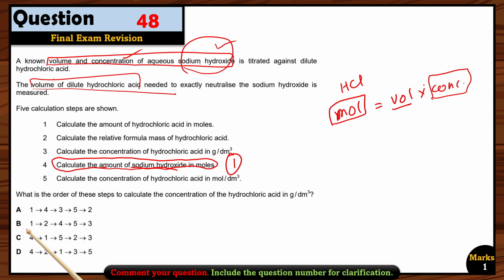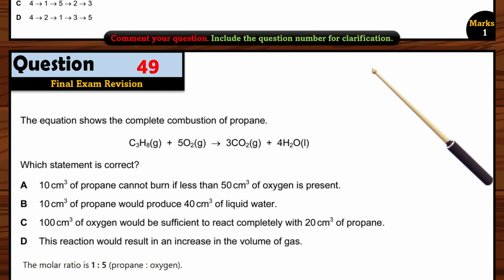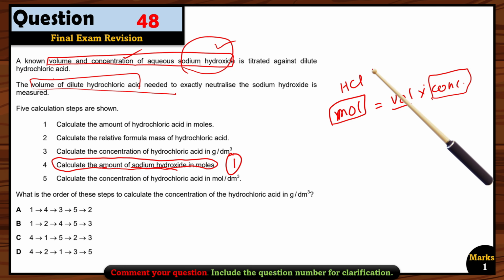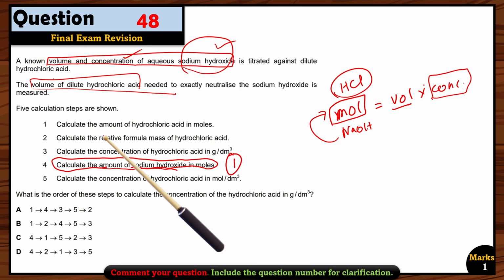After the 4, the first step will be to find the moles of HCl, because from the moles of the NaOH we can find the moles of HCl, right? So finding the moles of the HCl will be our second option.